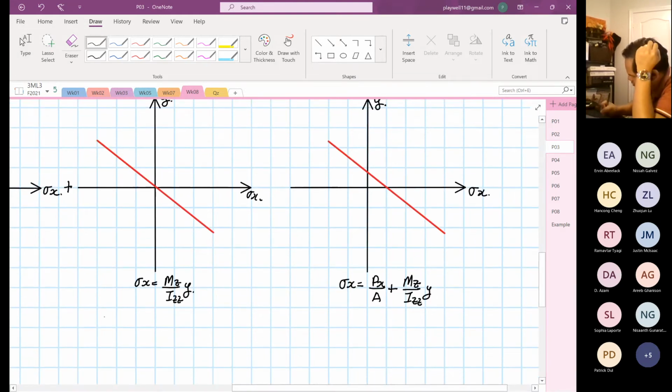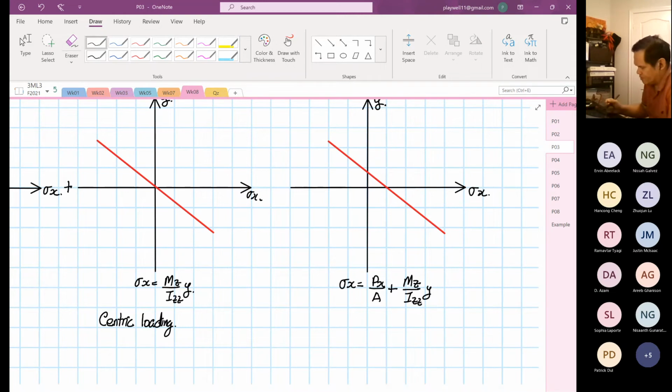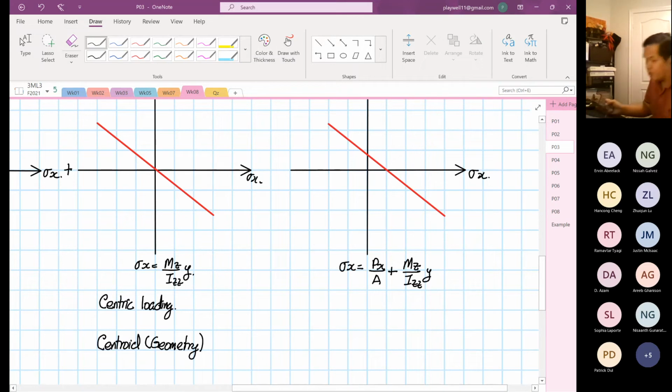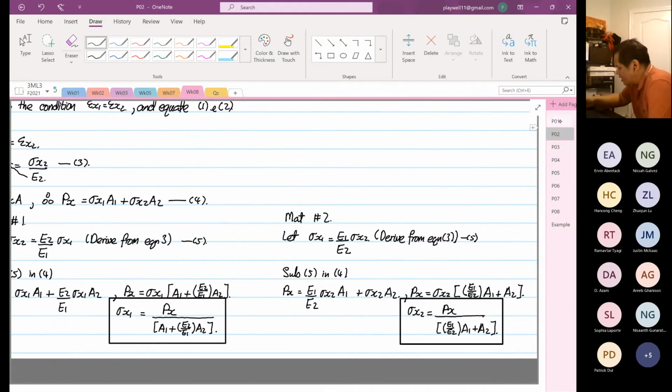If you look at centric loading, this is centric loading where we have Mz over Izz multiplied by y. For centric loading, the centroid is found using geometry, right? We come up with this table.